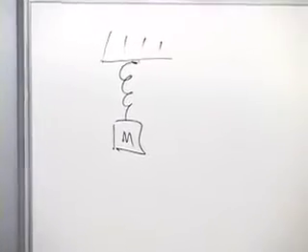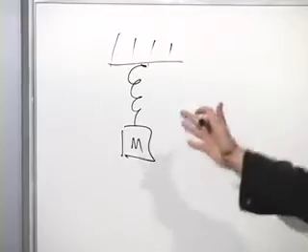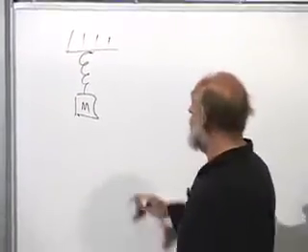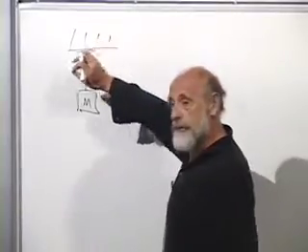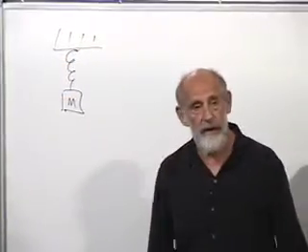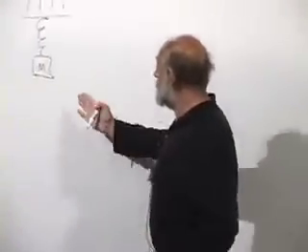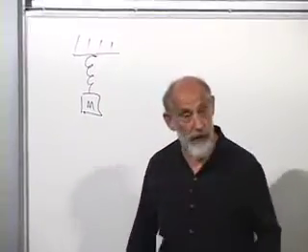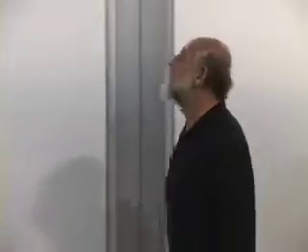The gravitational force is constant, doesn't depend on how high the mass is, but the spring force varies from nothing when the spring is unstretched and gets bigger and bigger as the spring is stretched. And so at some point, an equilibrium is found between the spring force and the vertical downward force of gravity, and that's the equilibrium position.